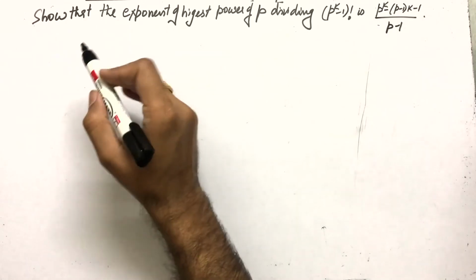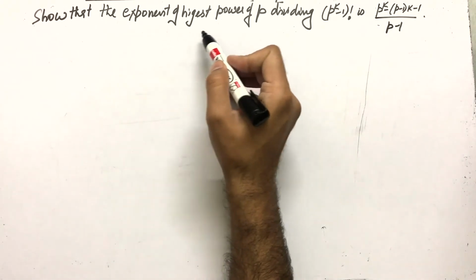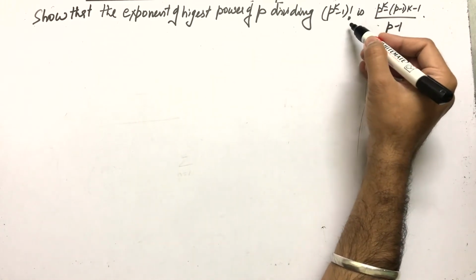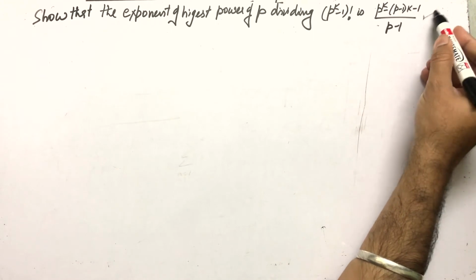Next question is, show that the exponent of highest power of p dividing p power k minus 1 factorial is this.